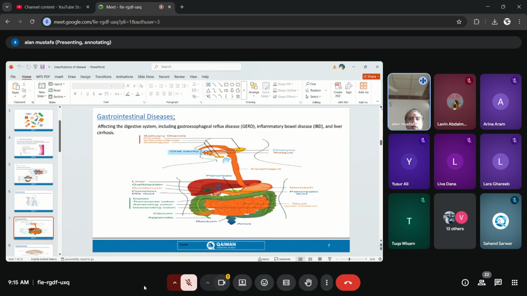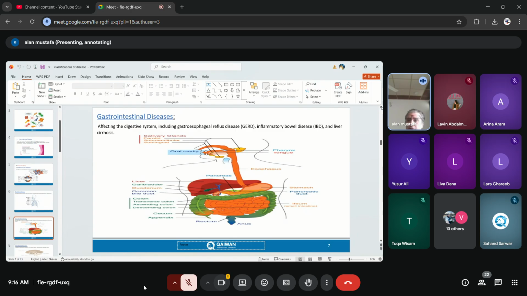And then we study the liver and the biliary system differently. And then we study the pancreas, for example. They are all considered part of the system, and a lot of the time they are discussed together.